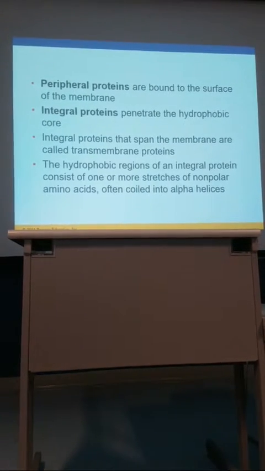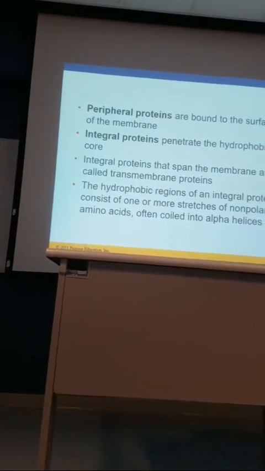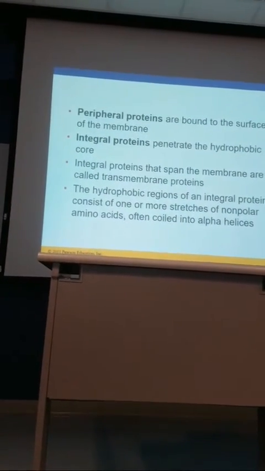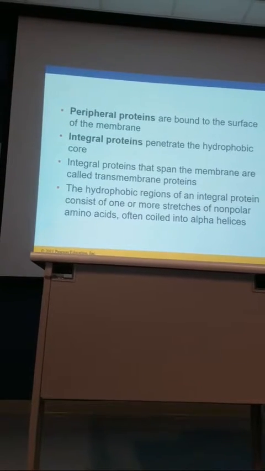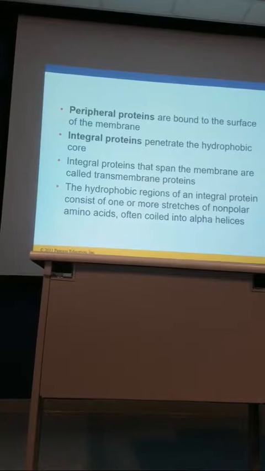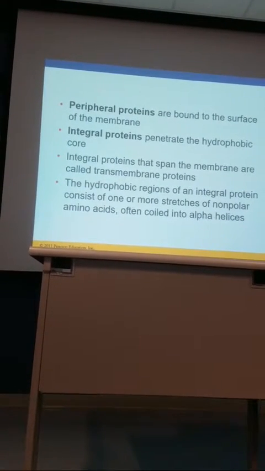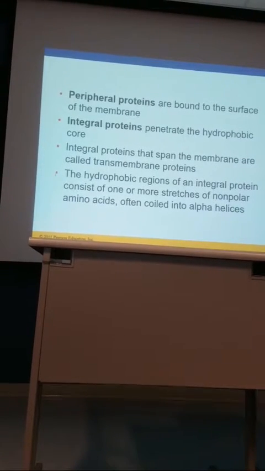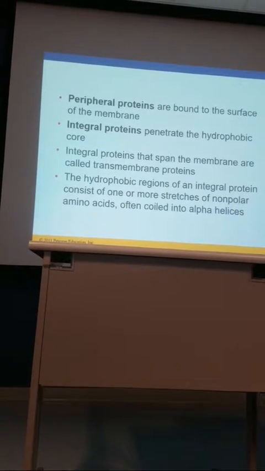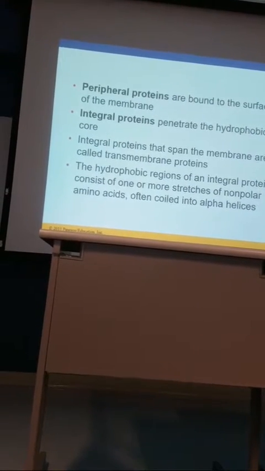Know the definition of a peripheral protein and an integral protein. Integral proteins go all the way through the membrane, so they have to have a part that comes in contact with water on the outside of the membrane. That has to be hydrophilic.